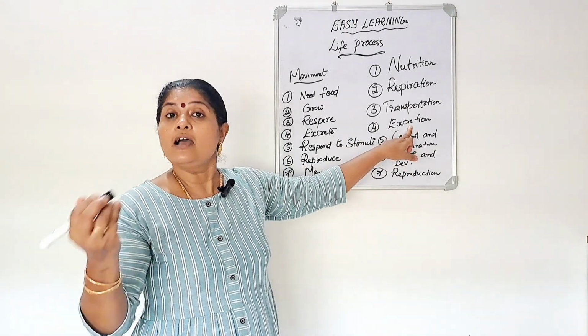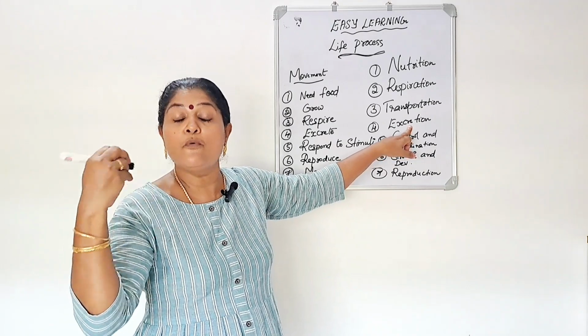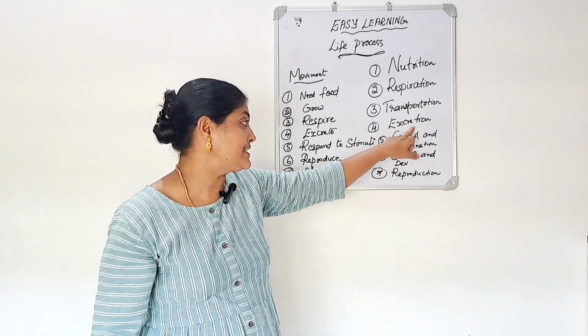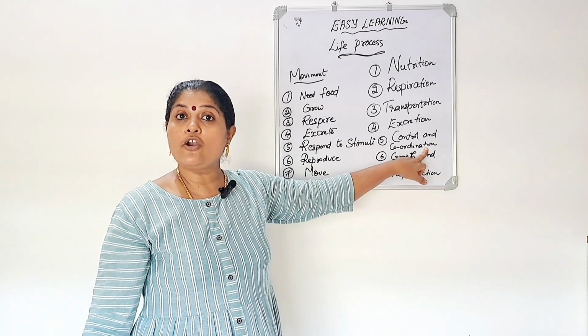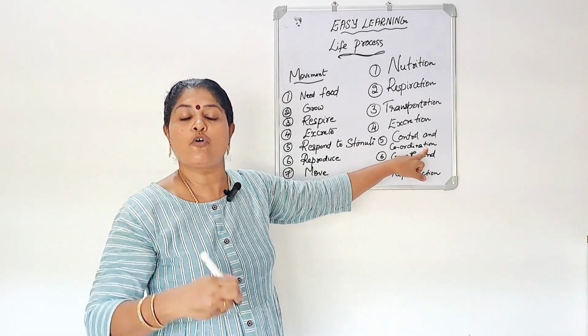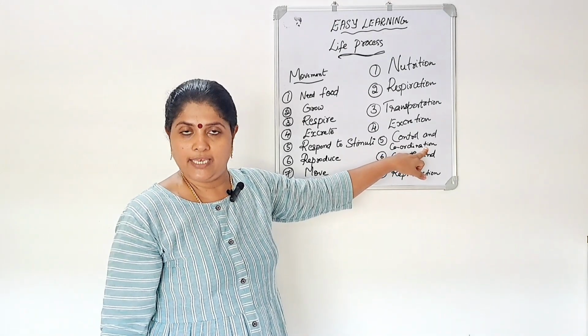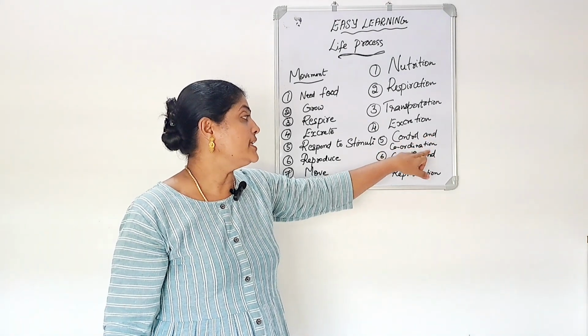Whatever substances are not needed by the living organism should be removed from the body. That is excretion. Then control and coordination: in order to do its actions, there is some control and coordination done by the organ known as the brain. So control and coordination is necessary.